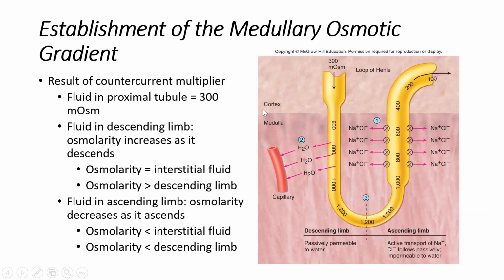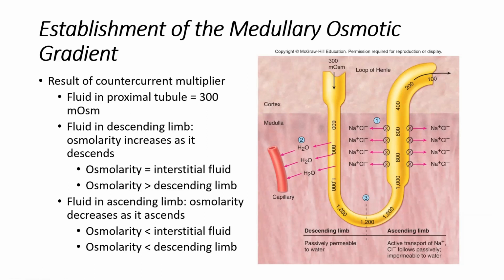So the result of the countercurrent multiplier is that we start out with a fluid osmolarity, so our filtrate, when it comes from the proximal tubule and goes into the first part of the descending limb of the loop of Henle, starts out with an osmolarity of 300. By the time we get down to the bottom of the loop of Henle, because we have lost water, right? Because we are only permeable to water across the descending limb, all of this water leaves our filtrate.